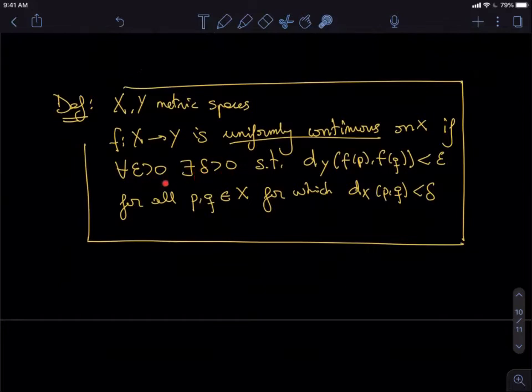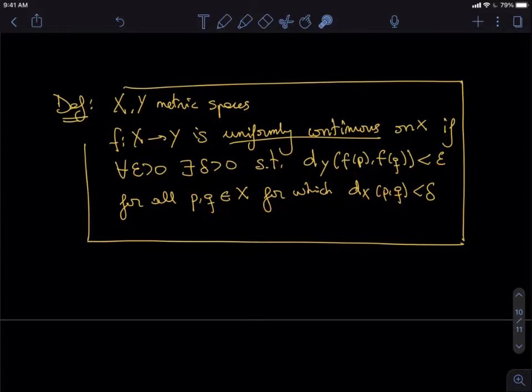For every epsilon, there exists some delta, such that the distance between F(p) and F(q) is less than epsilon for all p and q in X for which the distance between p and q is less than delta.